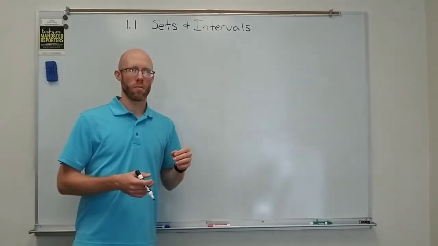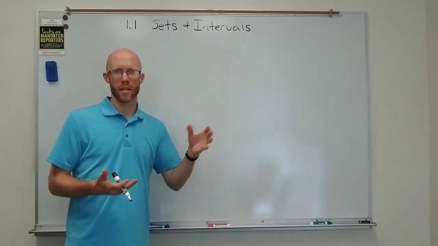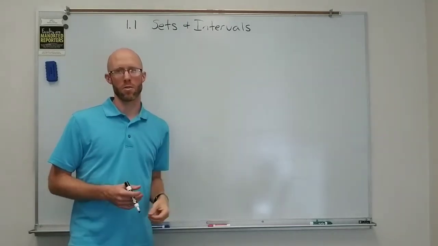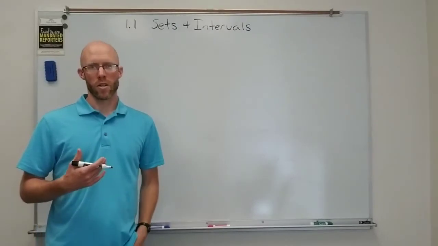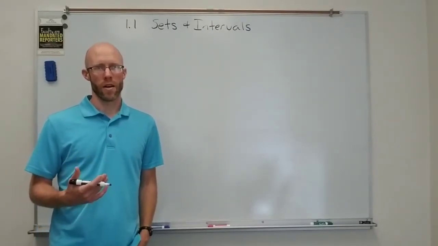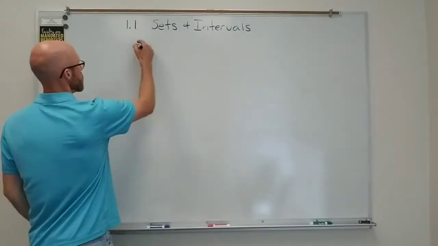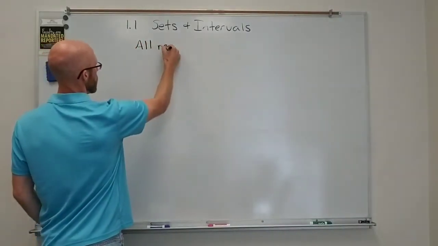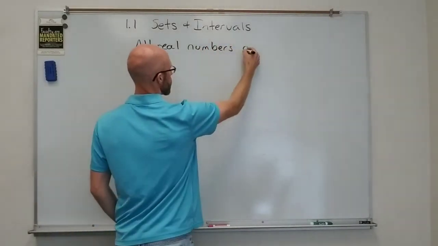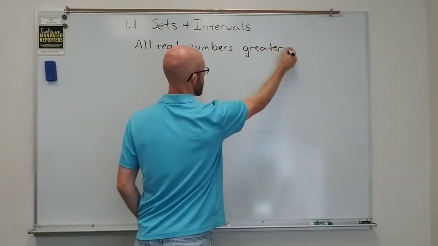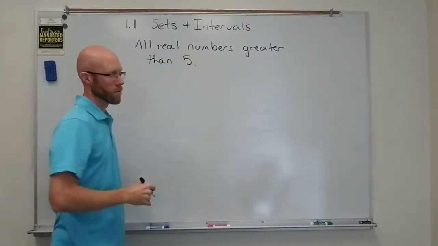So we'll utilize that to kind of initiate the idea, and then we'll get into talking about the two different types here. Okay, so let's say we wanted to look at just the numbers that are greater than 5, for instance. So all real numbers greater than 5.